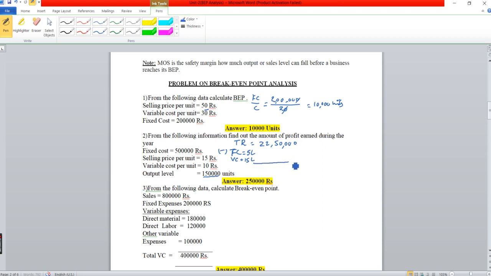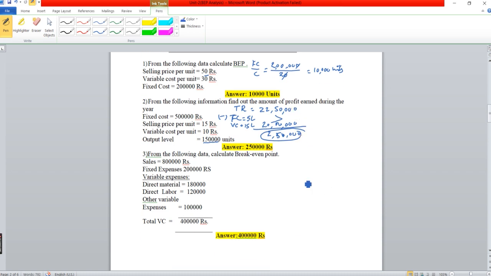The total cost here is 20 lakhs. The total revenue is 22,50,000. The value we are getting is 2,50,000. 2,50,000 is a profit because total revenue is greater than total cost. So like that, these are the simple sums we can find out.